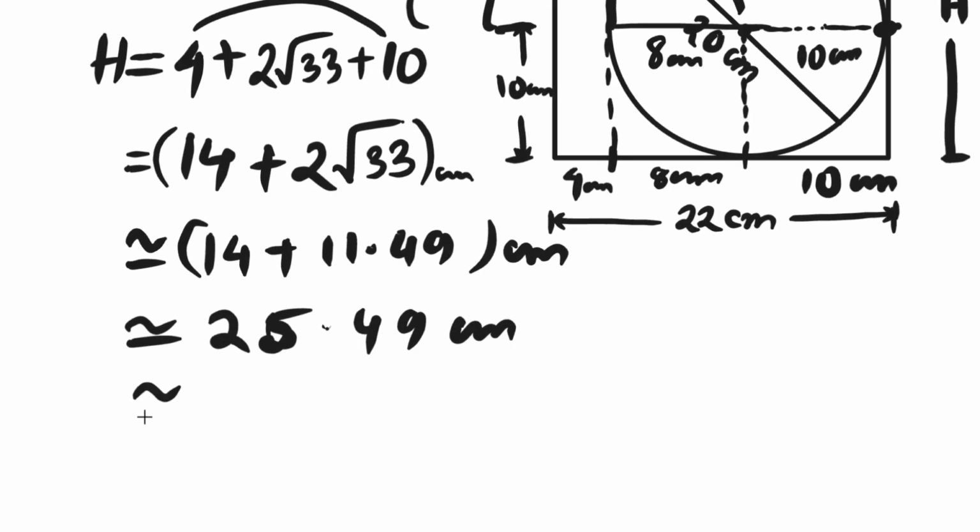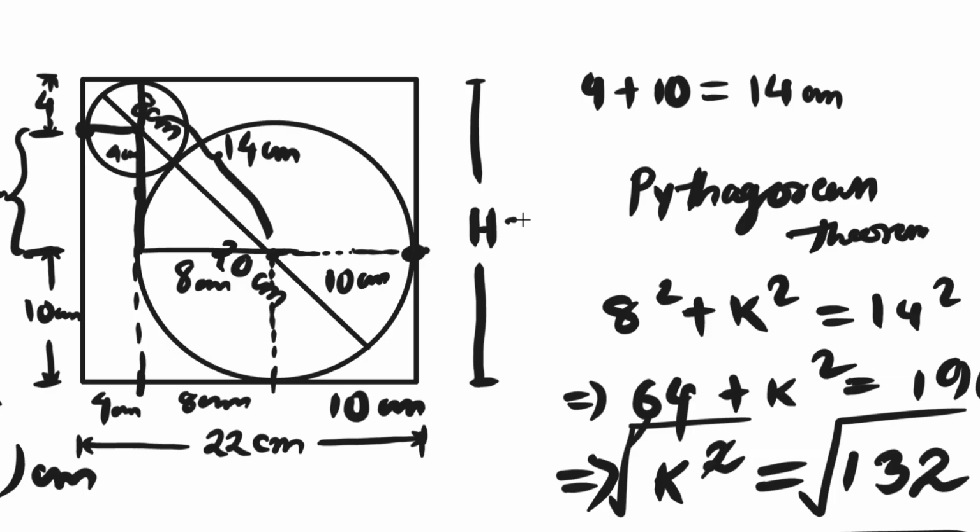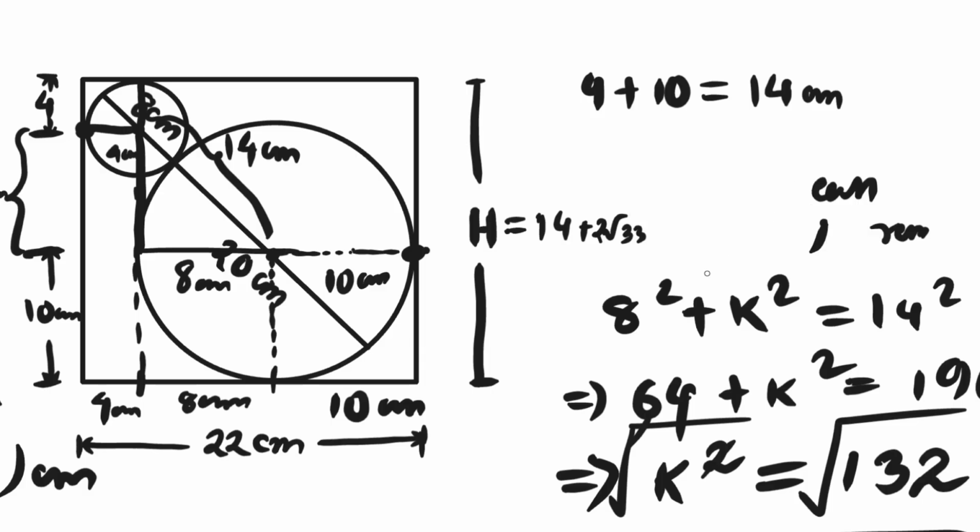Rounding to one decimal place, the height is approximately 25.5 centimeters. So our final answer is 14 plus 2 multiplied by the square root of 33 centimeters, or approximately 25.5 centimeters.